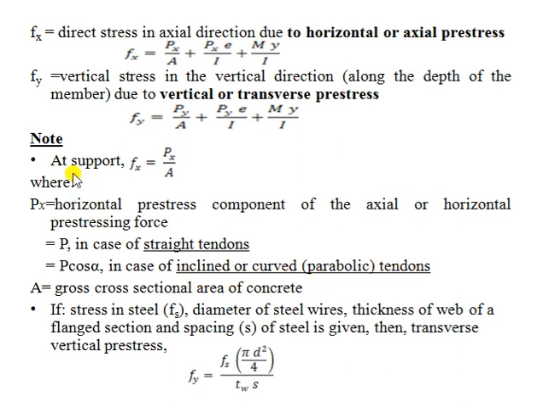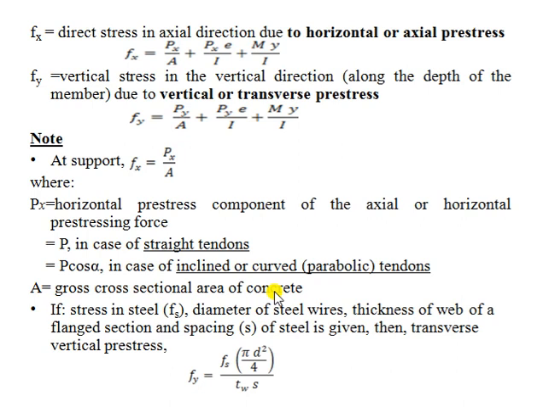So remember this: at the support, f of x, that is horizontal prestress, is equal to Px by A, where Px is equal to P for straight tendons and P cos alpha for inclined or curved tendons, and A is the gross cross-sectional area of the concrete.